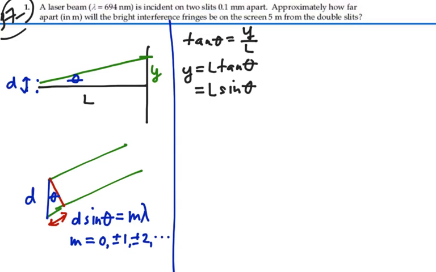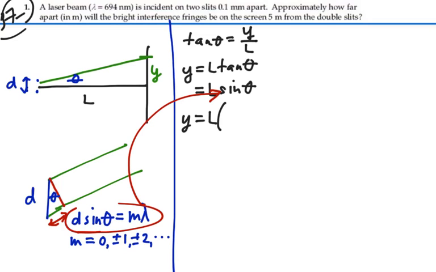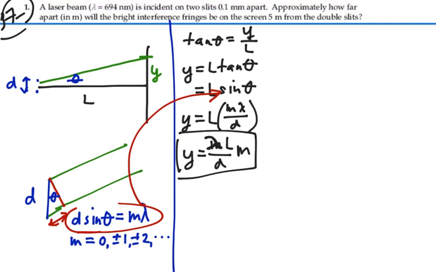And taking our sine theta from this equation over here, we can substitute in there, and we have that y would be equal to L times the sine of theta, which we could write as m lambda over d. So y in general is going to equal lambda L over d times m. Okay, so that would give us the point on the screen from our central maximum.